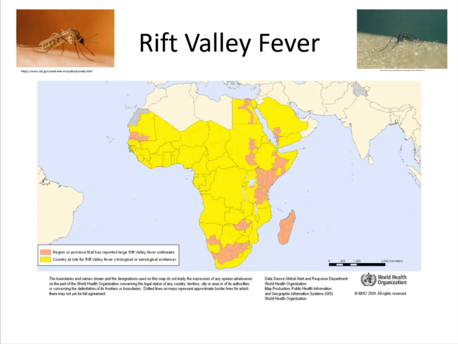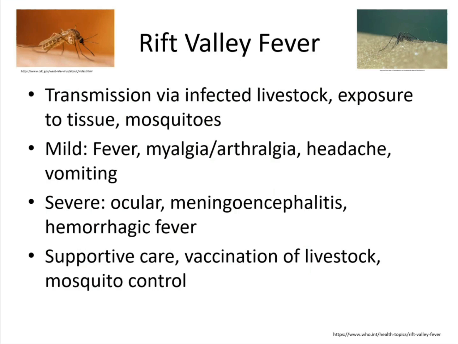The Rift Valley is right by Kenya, and famously in Kenya, if you can tell, the reddish is kind of the areas that have reported outbreaks. Kenya is right there in the middle, to the right of Lake Victoria. That's where it was first described, I think, in 1931.